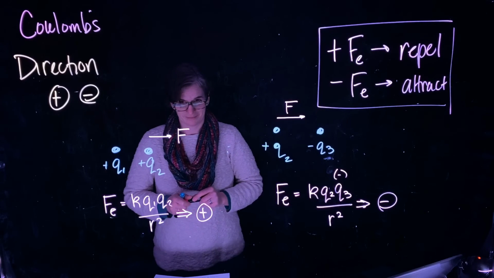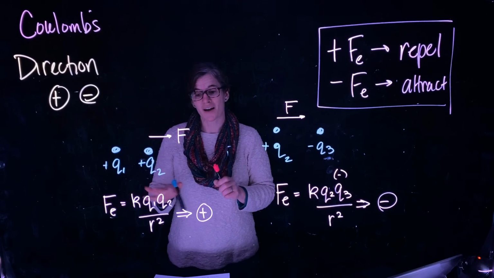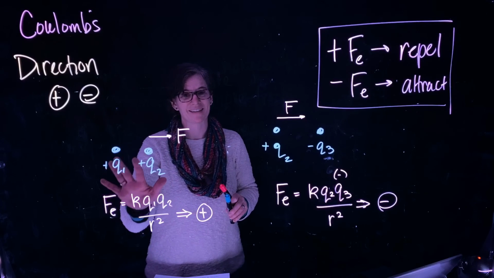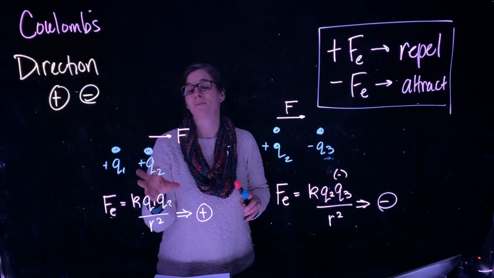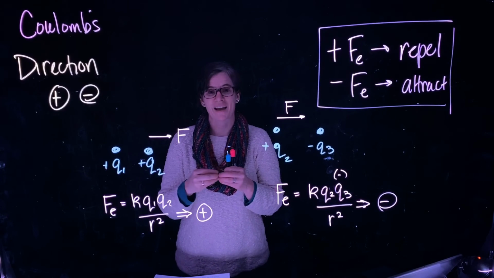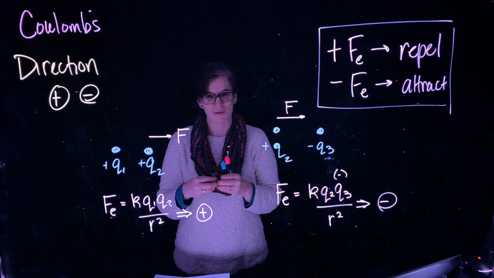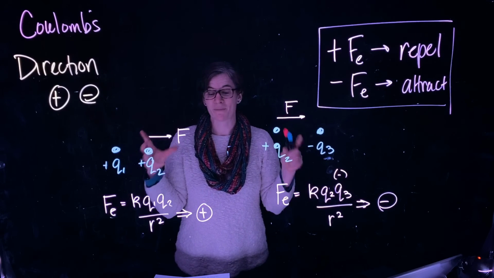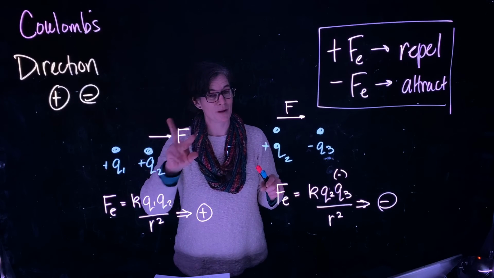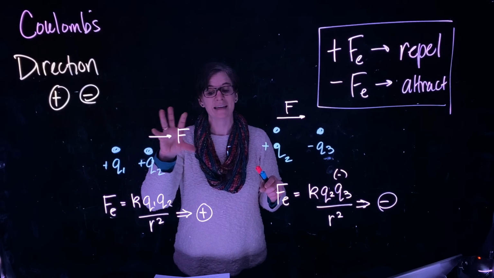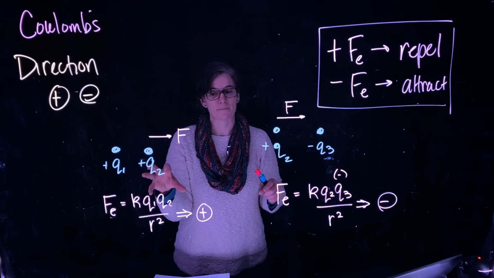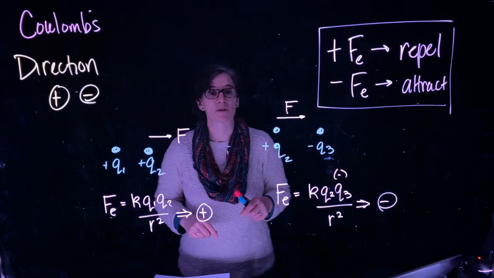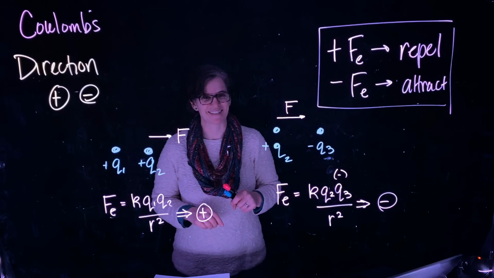All right. Coulomb's law gives us the relationship between the force exerted by charged particles when they're interacting with each other. The magnitude is related to the size of the charges, Q1 and Q2, divided by the radius squared. And we have to have that constant of proportionality, our Coulomb's constant.